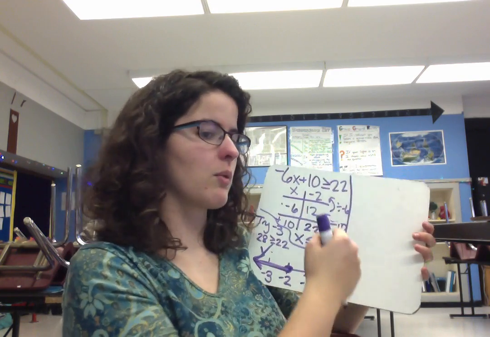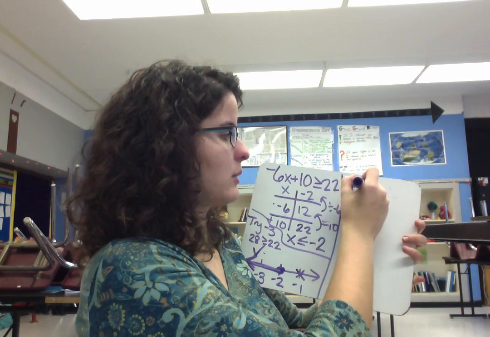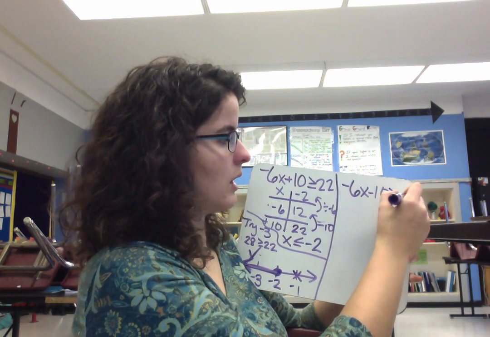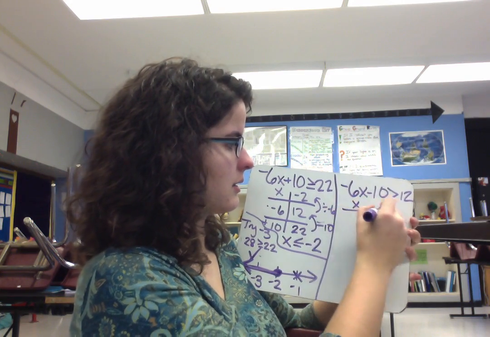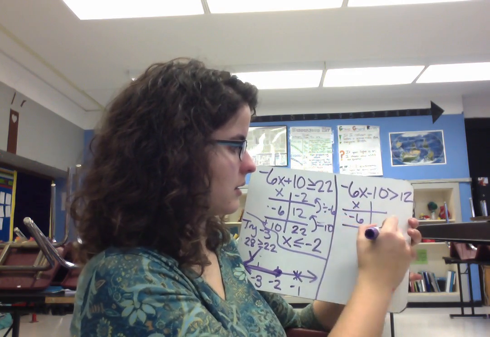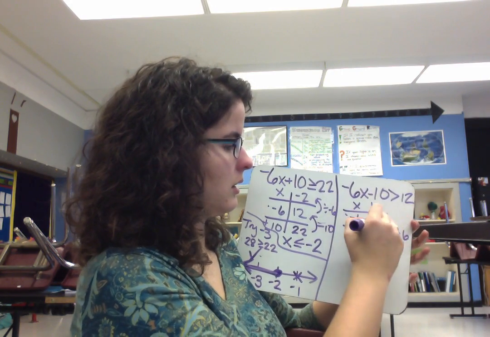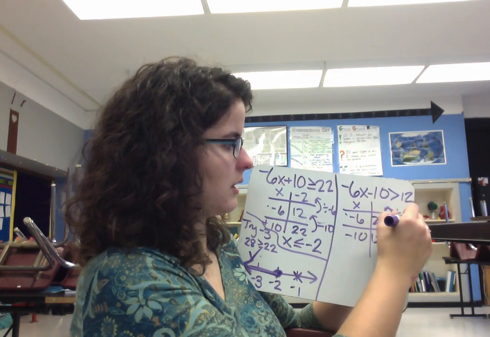We looked at one other one to see if that continued to hold. That was a lot like the second one. -6x minus 10 is greater than 12. And if you use a number trick here, x times -6 minus 10 is 12. Plus 10, 22 divided by -6.